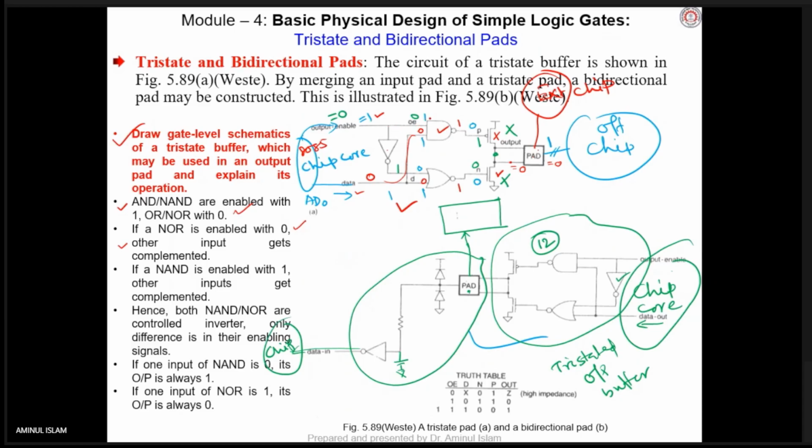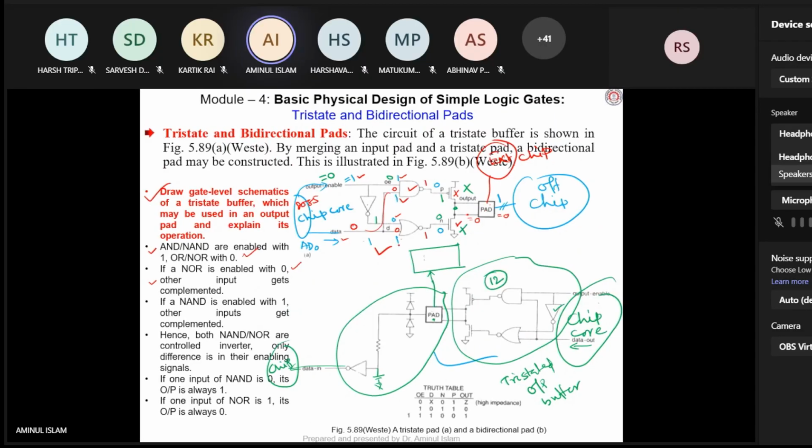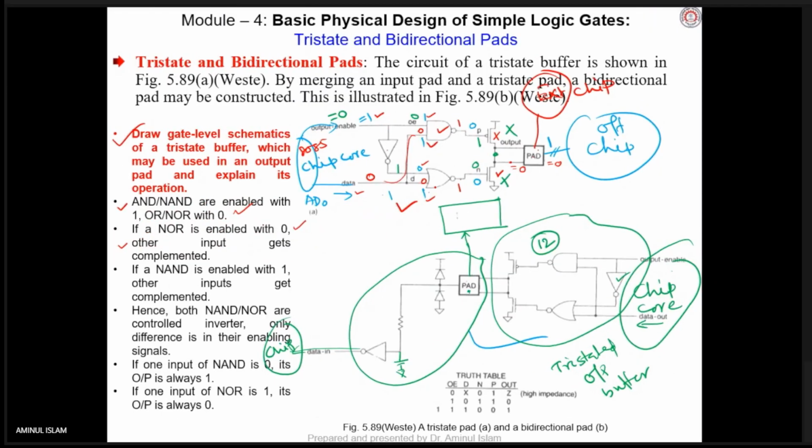So 1 is here, and this 0 has come here. So this is also enabled because the NOR gate is enabled with 0. What is going to be the output of the NAND gate and NOR gate?